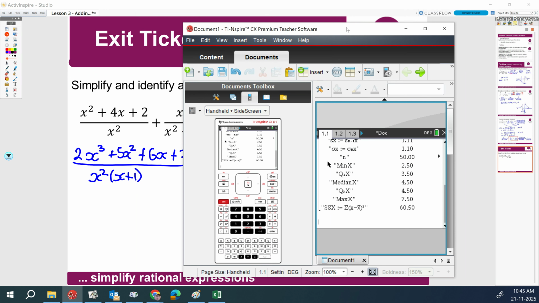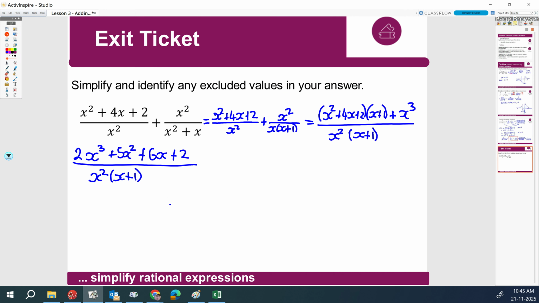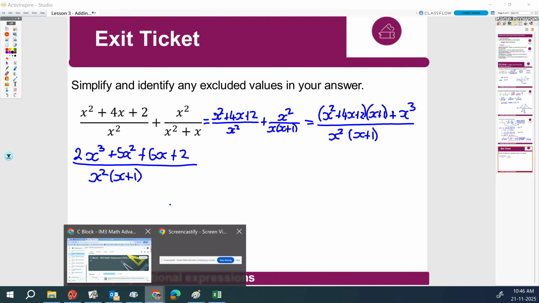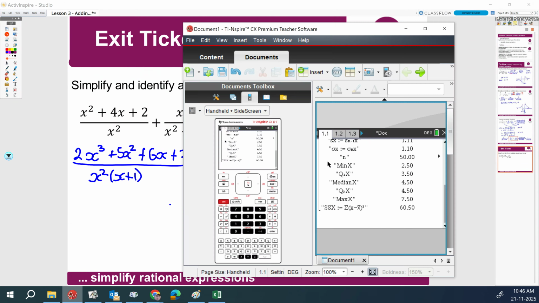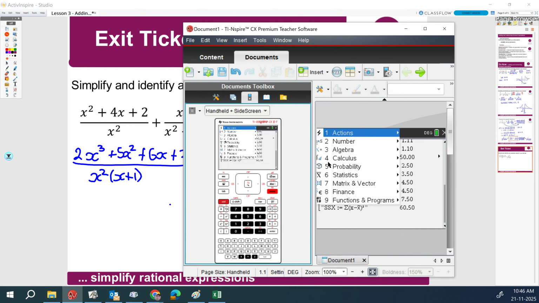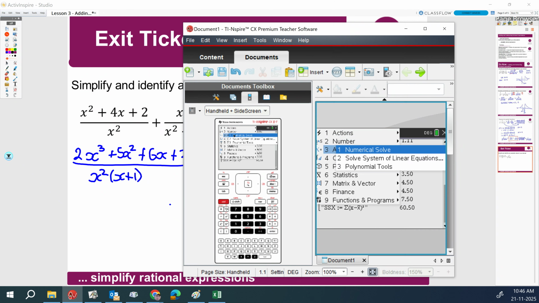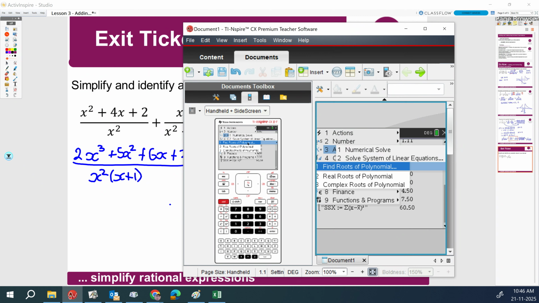Okay. What I'm going to do now is I want to factor the numerator. That's a cubic. So watch carefully on this one. How can I factor? I'm going to allow use of a calculator. So in order to factor, I want to know what any of the roots are of this polynomial in the numerator, the cubic one. So on my calculator, I'm going to use the polynomial root solver: menu, algebra, polynomial tools, polynomial root solver.